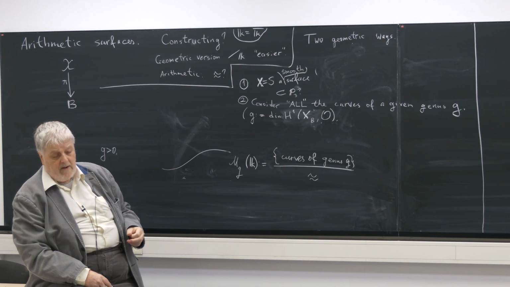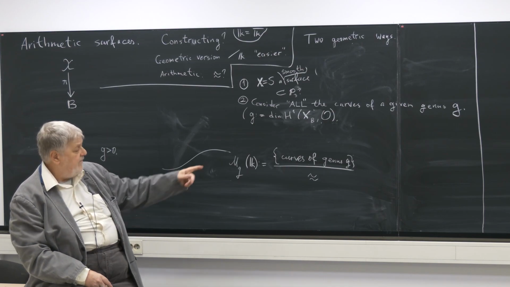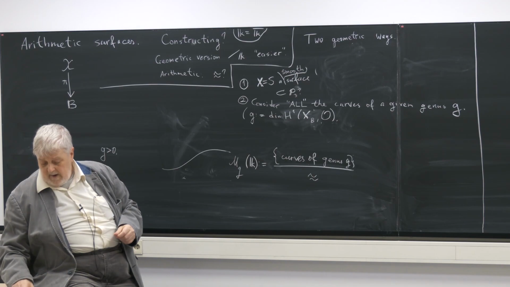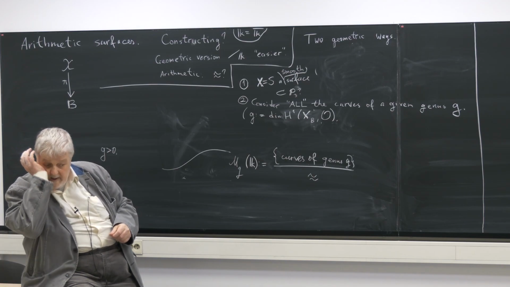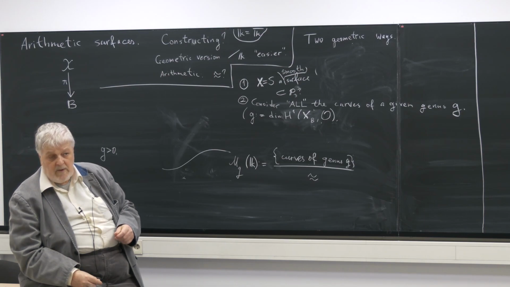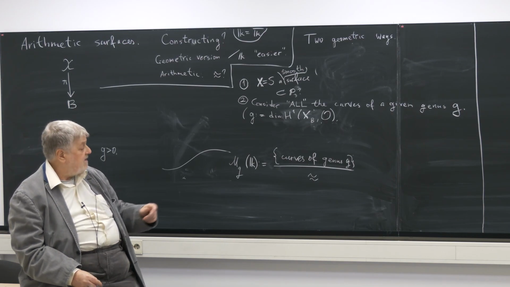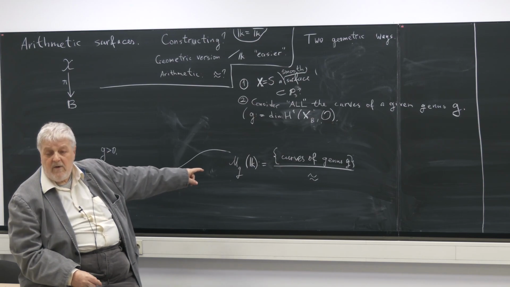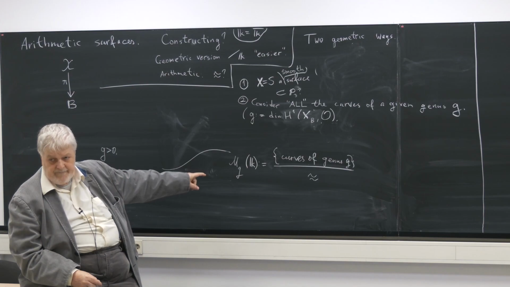Then the curve is defined completely by the field of rational functions on it, which abstractly is just a finitely generated extension of the ground field of transcendence degree 1.